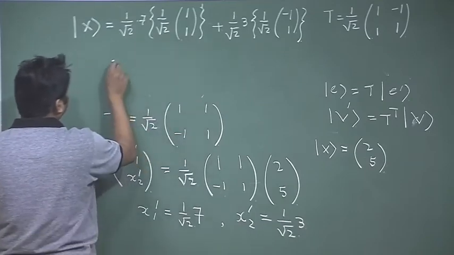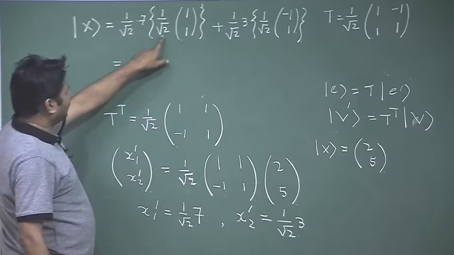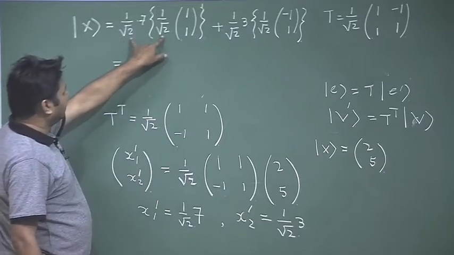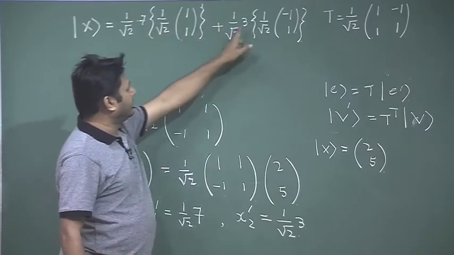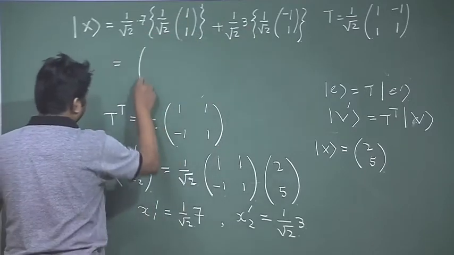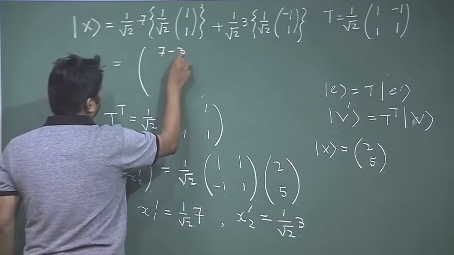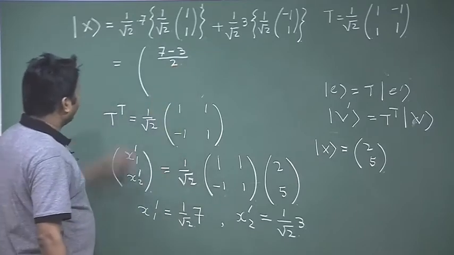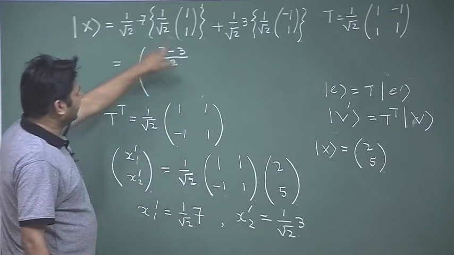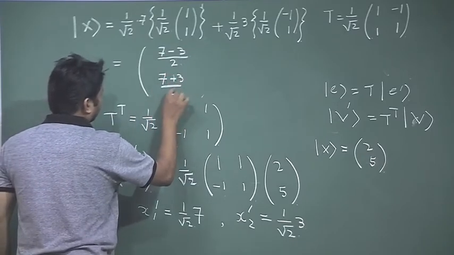So what will be this matrix? 1 by root over 2, 1 by root over 2, it will be multiplied and it will give half, here also half. So 7 and minus 3. So the first component will be 7 minus 3 divided by 2, and the second component will be 7 plus 3 divided by 2.